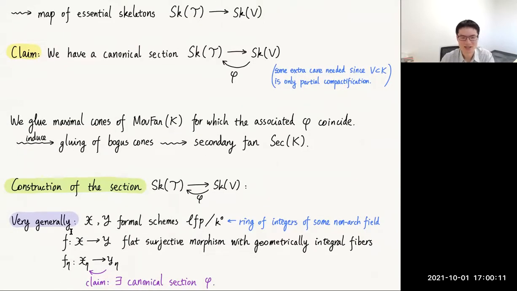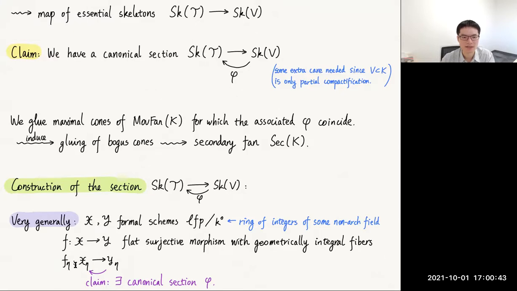If we have X, Y, formal schemes locally of finite presentation over K0, the ring of integers of some non-Archimedean field, and we have any f from X to Y, a flat surjective morphism with geometrically integral fibers, then of course we can take the generic fiber.